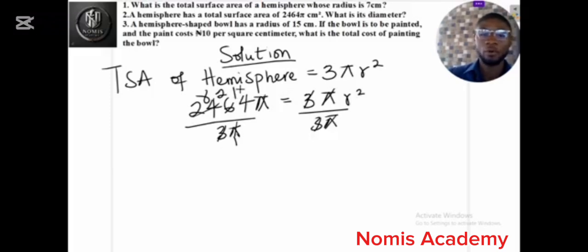If you add points, how many 3 can I get in 10? That will be 3, remainder 1, so I'll keep getting 3, 3, 3, 3. So to 2 decimal places, I have 821.33 equals r squared. So square root both sides to find the value of r.